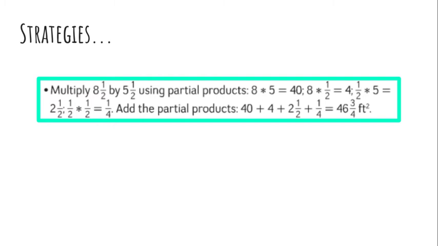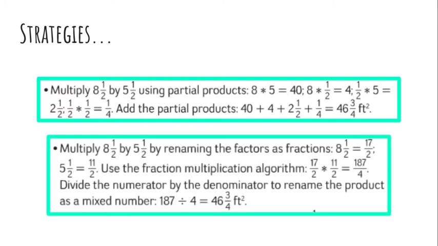Remember, you could also change your mixed numbers to improper fractions and then multiply straight across and divide to get your mixed number. That's shown here. Multiply 8.5 by 5.5 by renaming the factors as fractions. 8.5 is the same as 17 halves. 5 and 1/2 is the same as 11 halves.